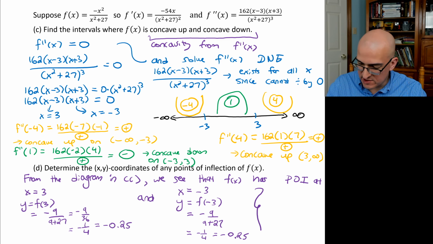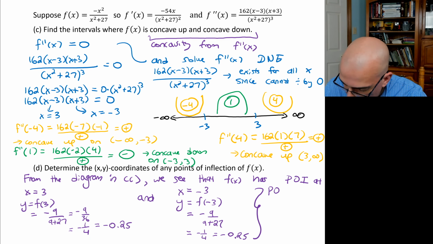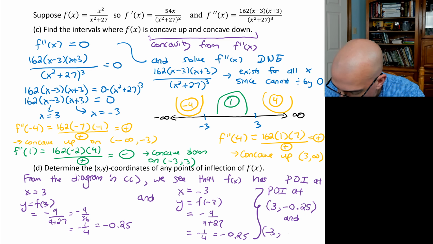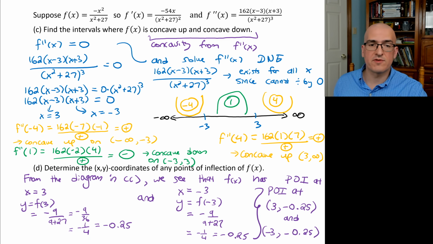So I'll summarize these two. POI at 3, -0.25 and -3, -0.25. And it's perfectly fine that they're the same y value at both points of inflection. That can happen, and in this case it indeed does.